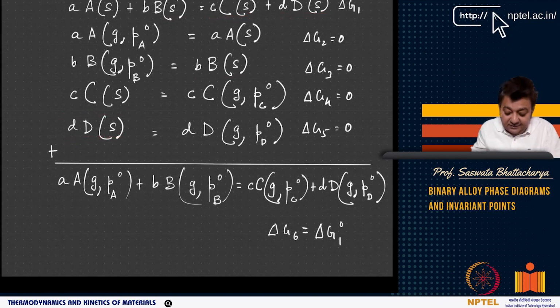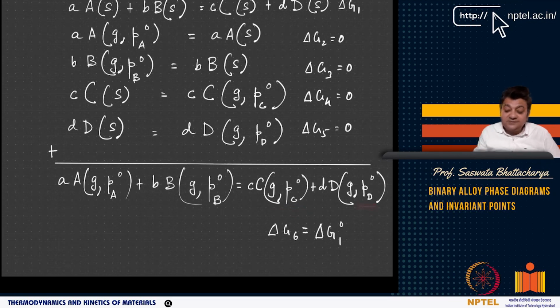So what we are now looking at is the reaction in the vapor phase. Here, a moles of A vapor at a vapor pressure of PA naught react with b moles of B in the vapor phase at a pressure of PB naught, and produce c moles of component C in the vapor phase with a vapor pressure of PC naught, and d moles of D at PD naught.